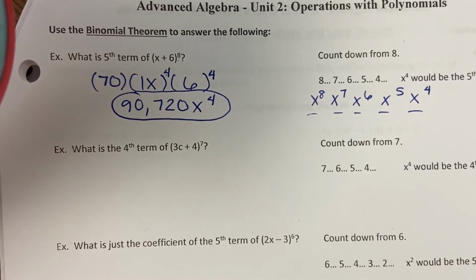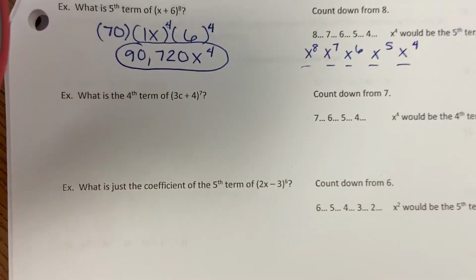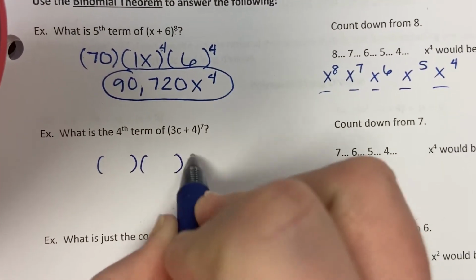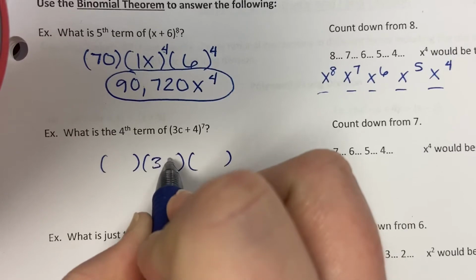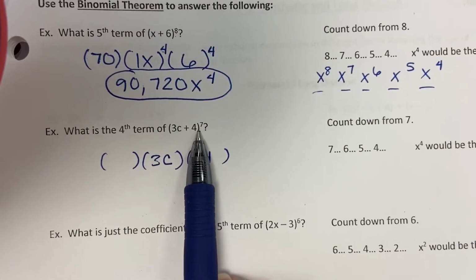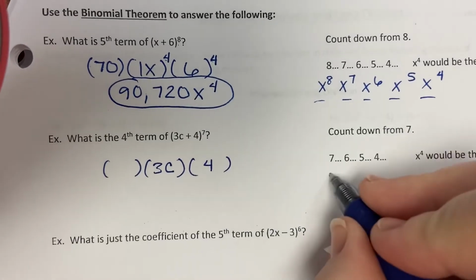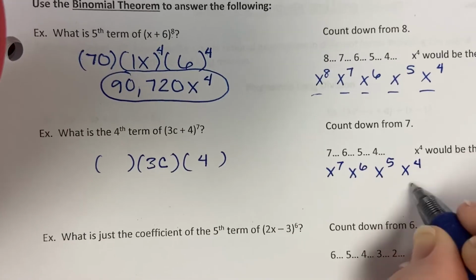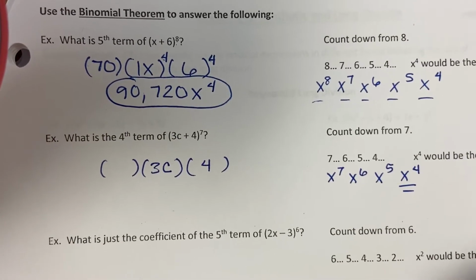If they had just asked for the coefficient, then I would not have included x to the 4th power. So in this next example, we have the fourth term, so I need a triplet. I know I'm going to have 3c, and I'm going to have a 4, but I'm going to start with 7, and I need the fourth term. So I have x to the 7, x to the 6, x to the 5, x to the 4. That just happens to be the fourth term.